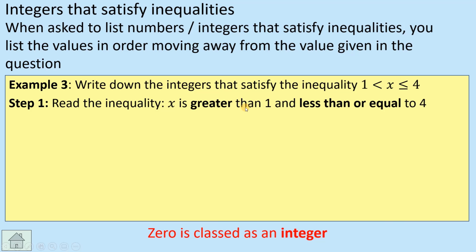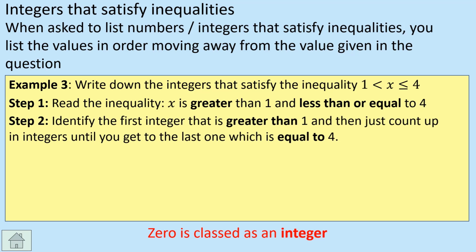So we're thinking about going up. What is the number which is greater than 1, and then count up until we get to the number which is equal to 4. So 1 doesn't count because it needs to be greater than that. So we're going to go for 2, then 3, and because it says equal to 4, we're going to have 4 as well.